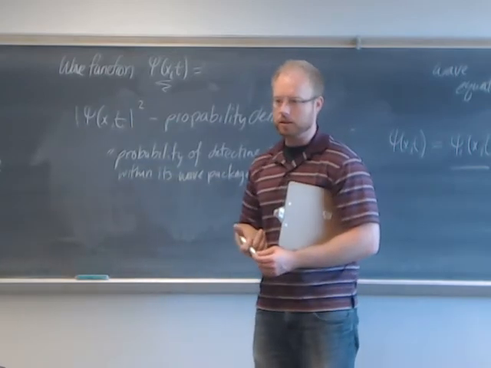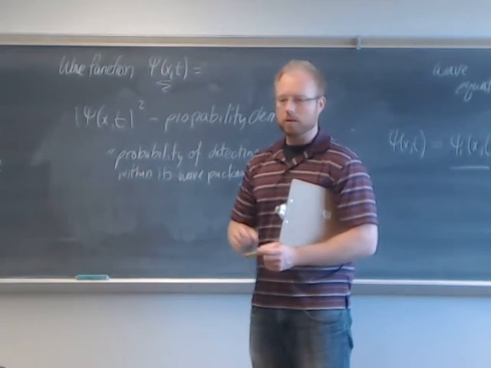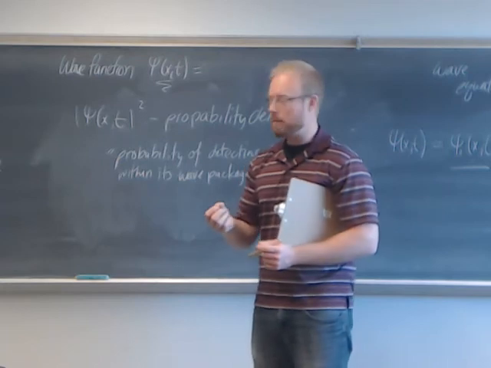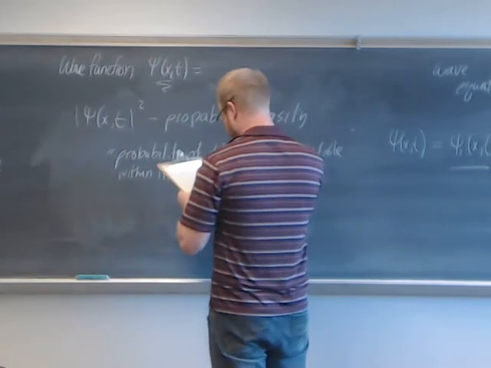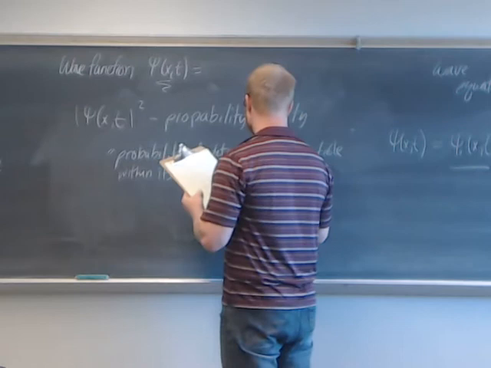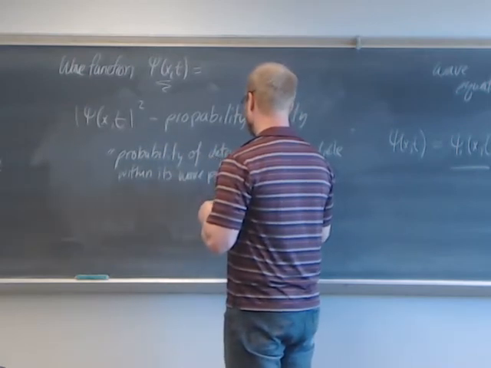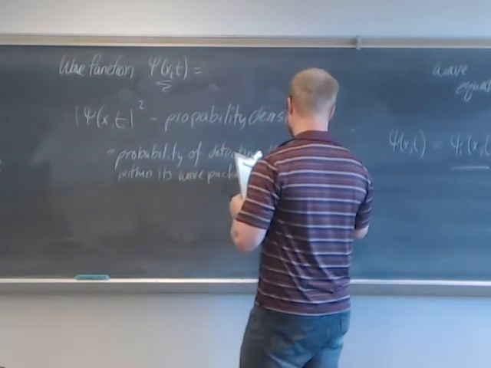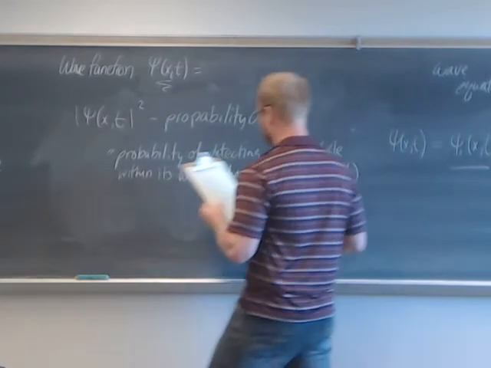This is my own terminology because it's a mix between what we saw on YouTube and what we were talking about before. So in other words, the particle is moving back and forth in this wave. We're trying to find it. Where is it? So it's somewhere in this wave package. So this is the probability of detecting the particle within its wave package per given length. I'll put this in parentheses for now.